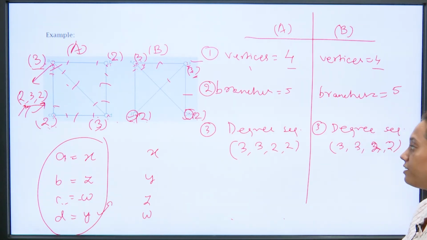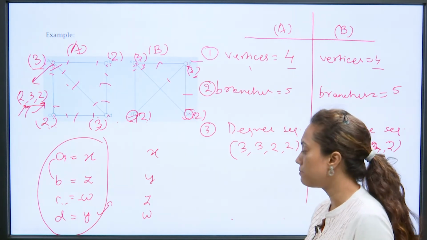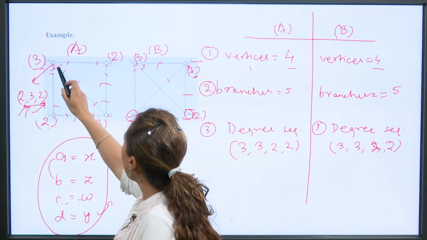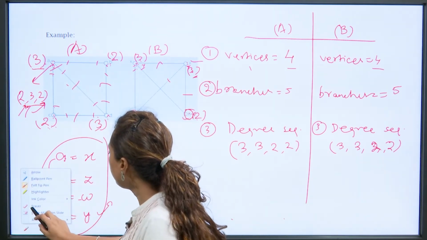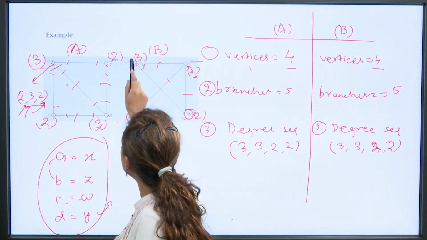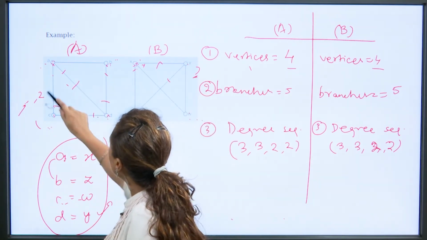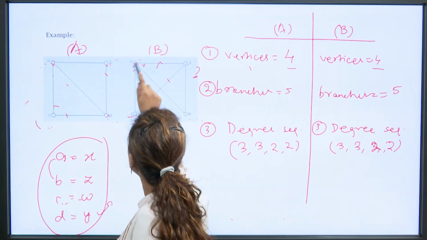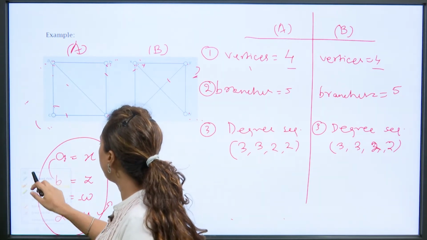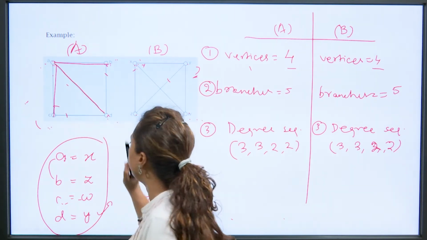Now, we will see whether the branches between the nodes also have the same sequence or not, means whether A and B have any branch or not. If we see here, this A is connected with B, C and D, right.